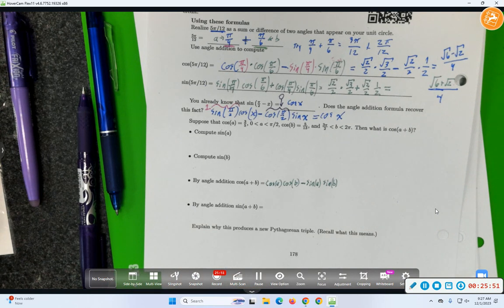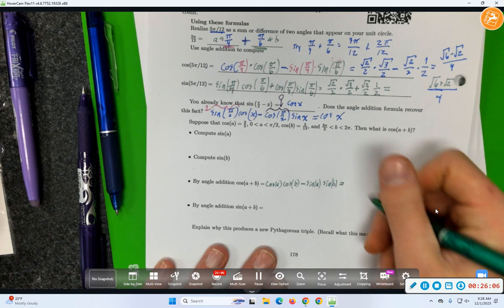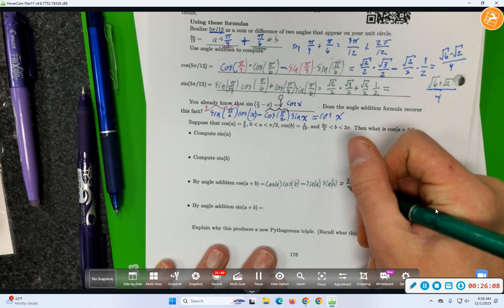All right. So that means in order to use this tool, I need to know cosine A, cosine B, sine A, and sine B. Do I know cosine A? What is cosine A? Say louder. 3 over 5.